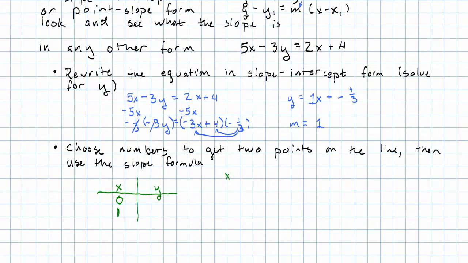For x equals 0, I have 5 times 0 minus 3y equals 2 times 0 plus 4. This term is 0, this term is 0. I've got negative 3y equals 4, so y equals negative 4/3.